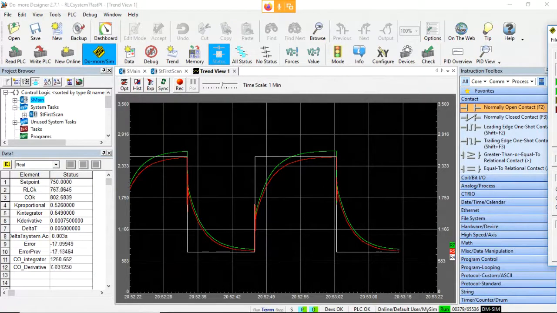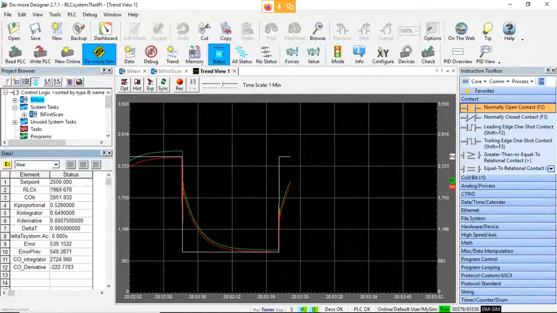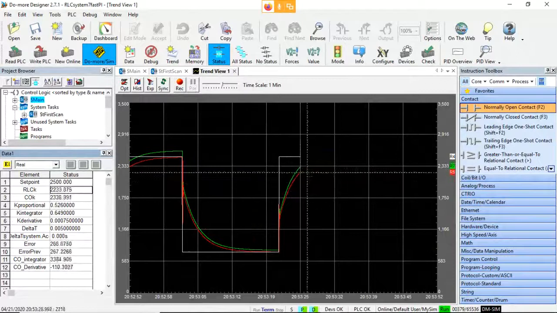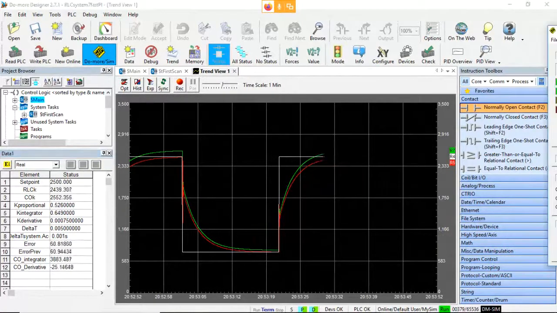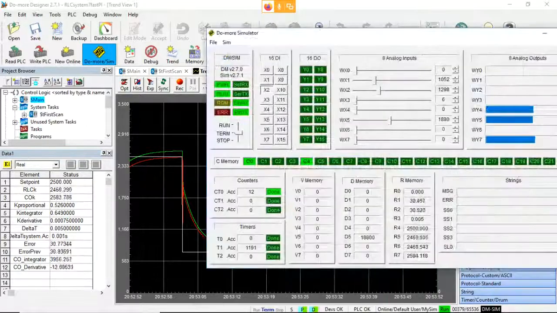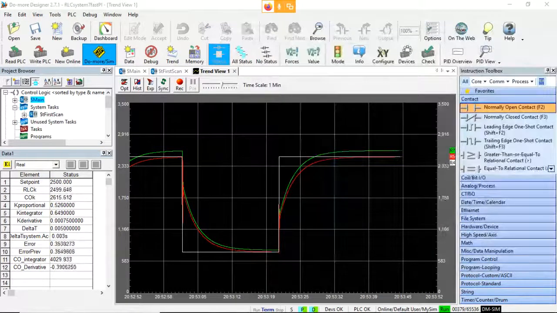And so we're at 750, and you can see that our process variable here is dropping down, and it's getting closer and closer, and then it's jumping back up. I'll go ahead. I've currently got my step changes, my flip-flopping, that happen a little under 20 seconds. I'm going to take it up to about 25 seconds, a little over 25 seconds. So it'll have plenty of time here.